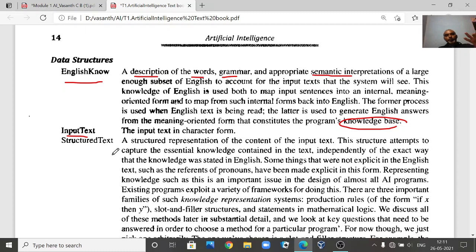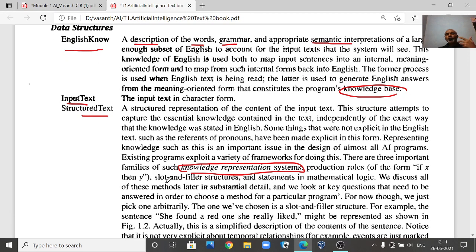Then you have input text, then you convert that into structured text, using some knowledge representation method. We try to use a certain representation because when we are talking about English, you know that there will be verbs, nouns, pronouns, etc. There is so much complexity involved in our English language.